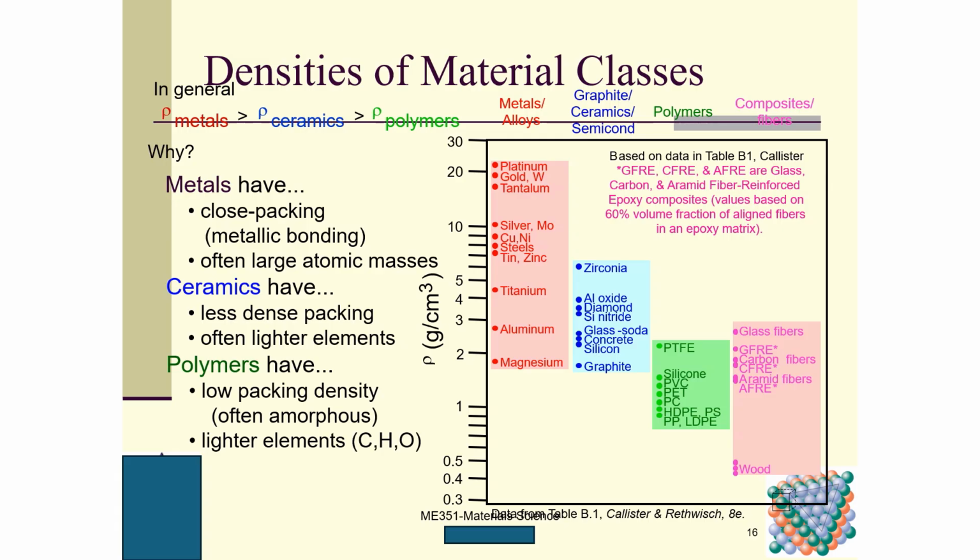That's the reason they have a very wide density range. So composites have intermediate values.